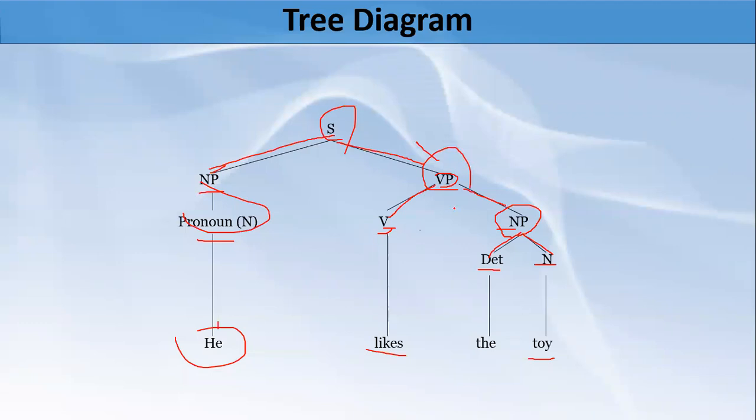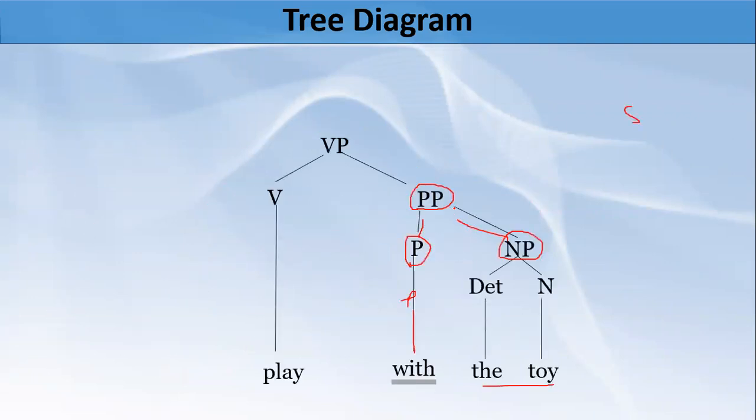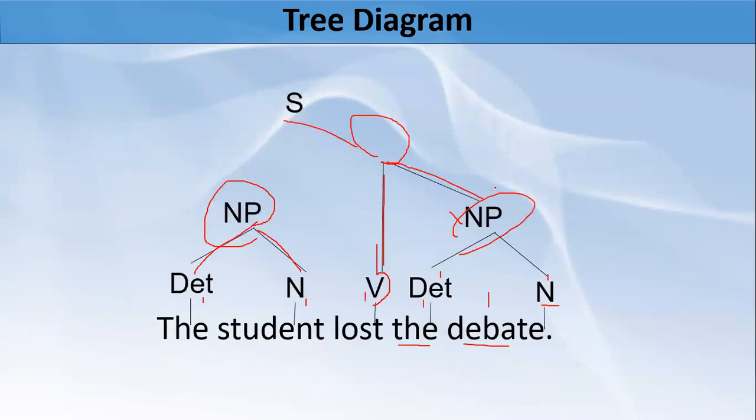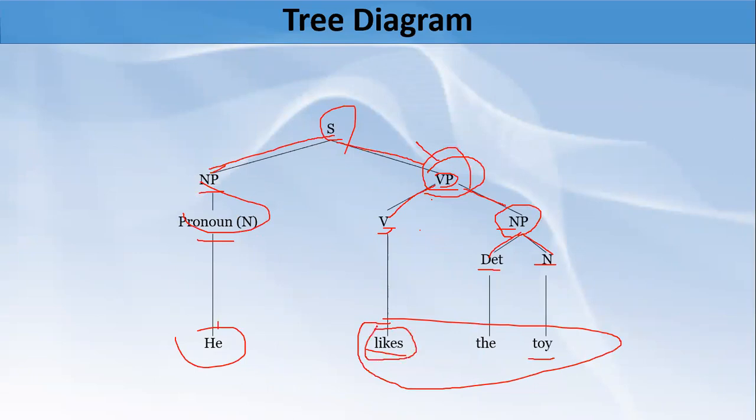Now another rule: when we have a prepositional phrase, inside it we have a preposition and a noun phrase. Clear? If we look at this verb phrase, likes the toy, this phrase has a verb in the beginning, so the verb is the head of this phrase.